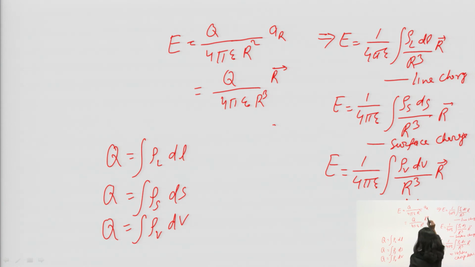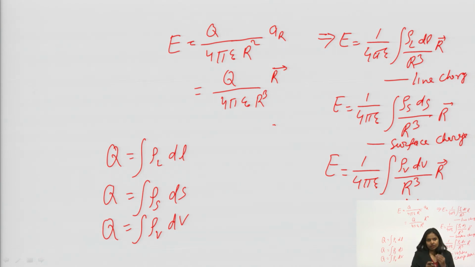Third step is to find the modulus of that distance vector, meaning the magnitude of this r vector, which is r. So in this way you can find the value of electric field for any kind of configuration.